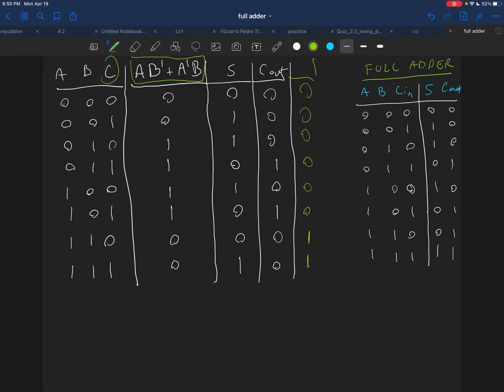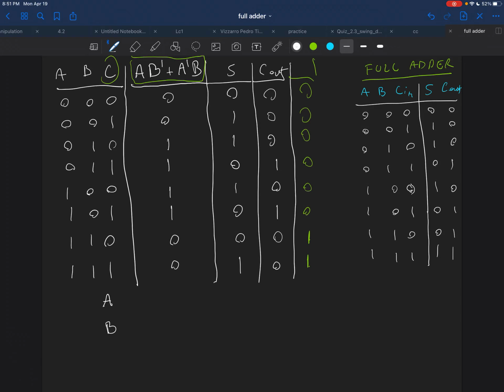And the question is, how do we do that? Can we do that in any way possible? Let's draw the diagram. It'll become a little bit clearer why it's very much possible. So far, we had a half adder.